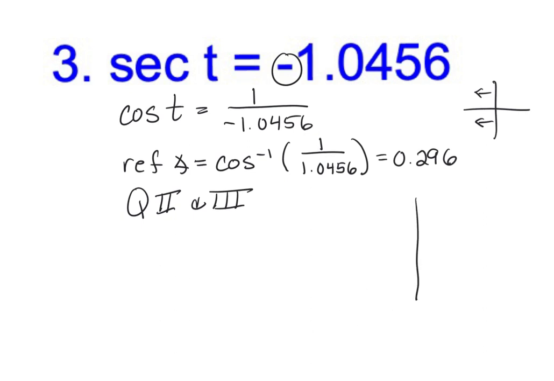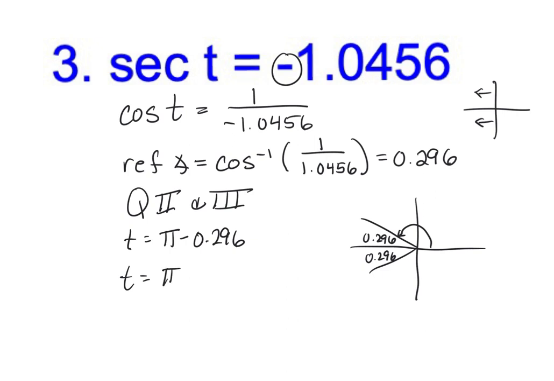To find those, I'm going to draw them. So I have one here and one here, both with the same reference angle. So the first one is going to be pi minus 0.296.